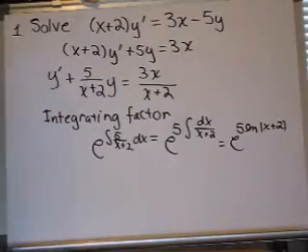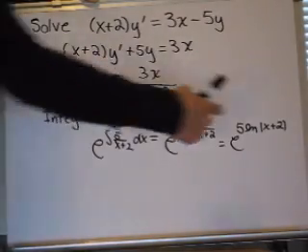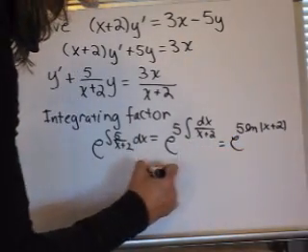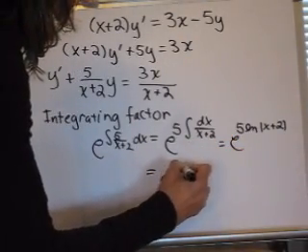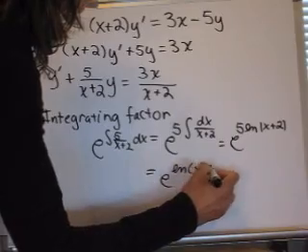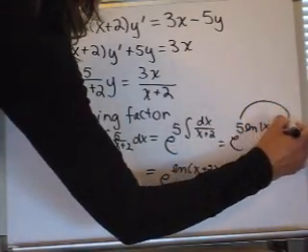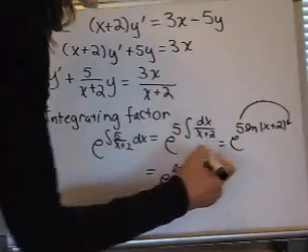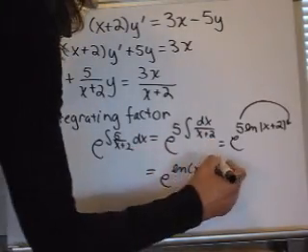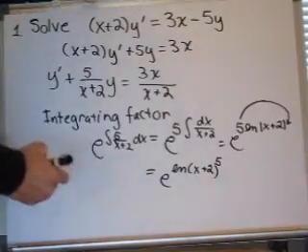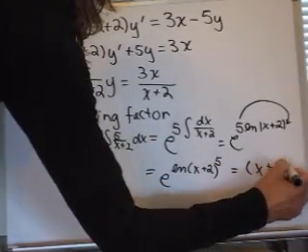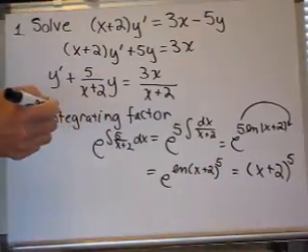If I assume that x plus 2 is positive, then I can drop the absolute value here. And so I'm going to end up with e to the ln of x plus 2, and because the 5 can become the exponent on x plus 2 by properties of logs, we get e to the ln of the quantity x plus 2 to the 5th power, which is equal to x plus 2 to the 5th. That's my integrating factor.